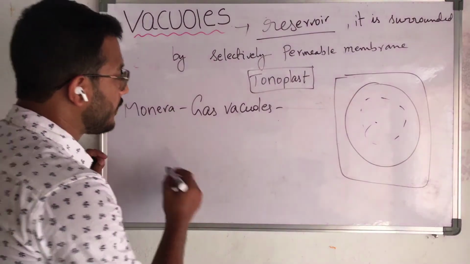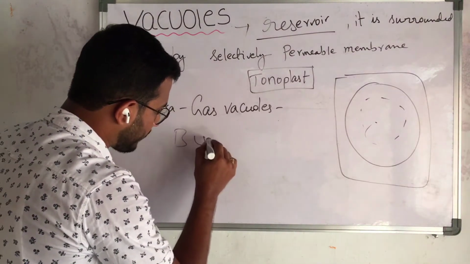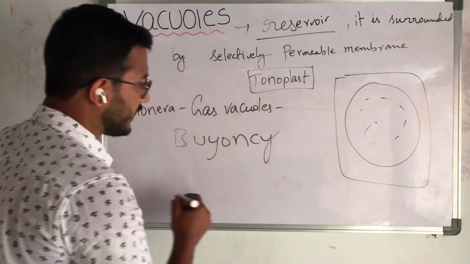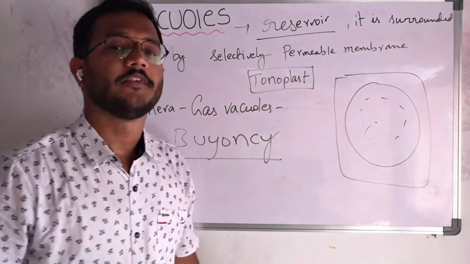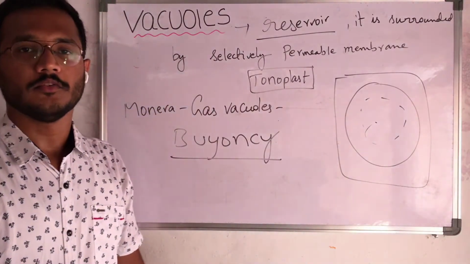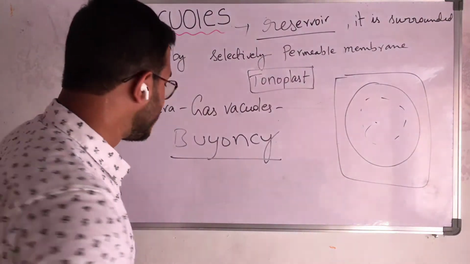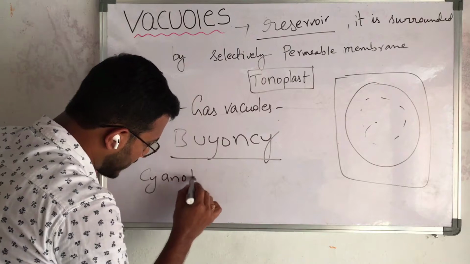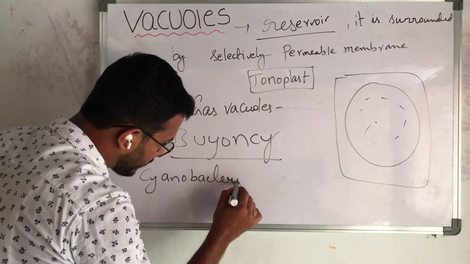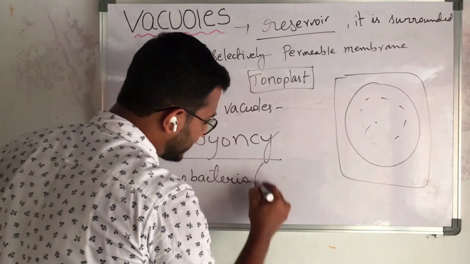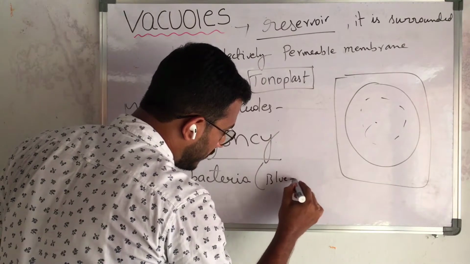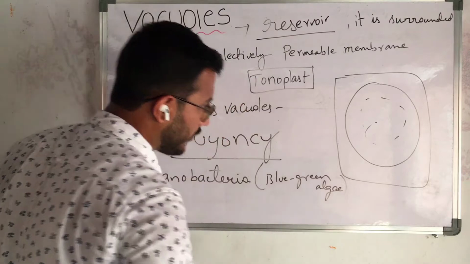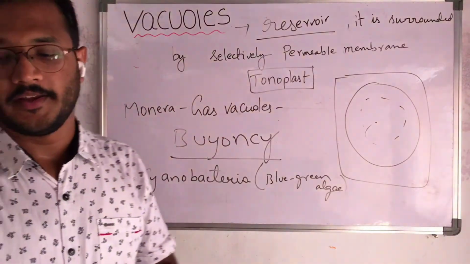That phenomenon is known as buoyancy, that means the phenomenon of floating on water. The example for this is cyanobacteria, which is also known as blue-green algae.